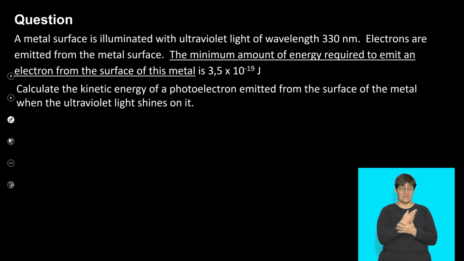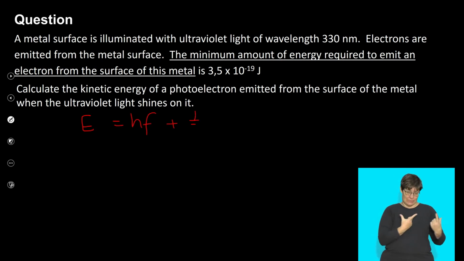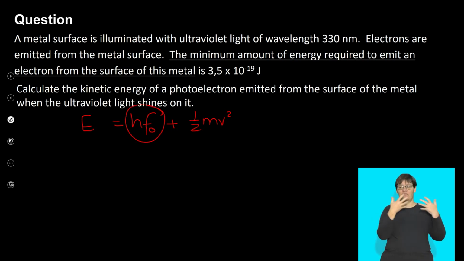Now they want the kinetic energy of the photoelectron emitted. Same as what we did just now, except I'm not going to do the whole calculation. This is for you to work out. This is essentially the equation we're using. It's the same thing as we've done before. I've worked out f0, I don't need this. They've given me that value.